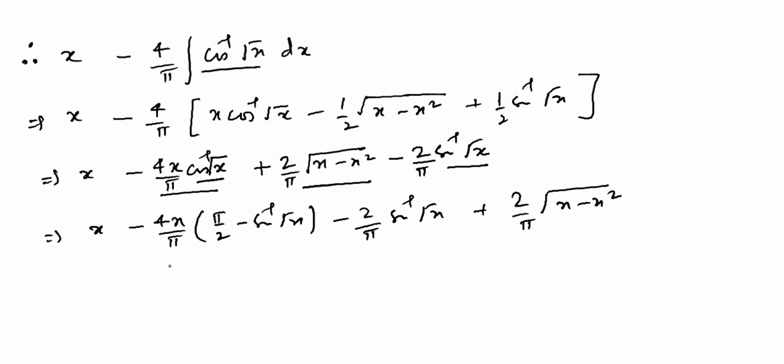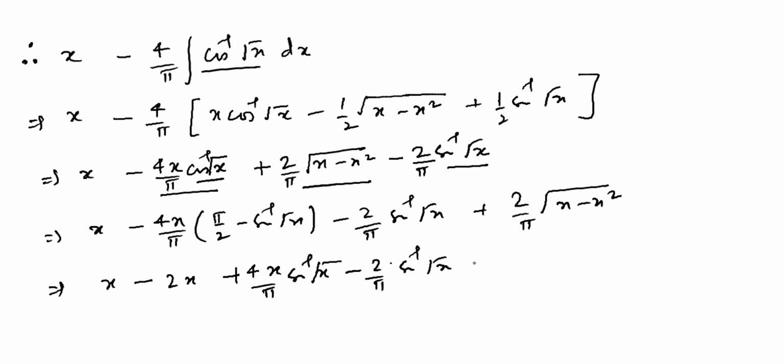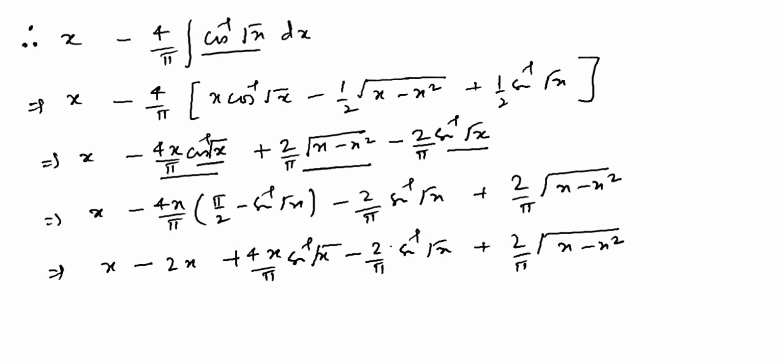Now I'm going to multiply x, so I'm going to get this as x minus 2x, plus 4x upon pi sine inverse x minus 2 upon pi sine inverse of root x, here it is root x, plus 2 upon pi under root of x minus x square.